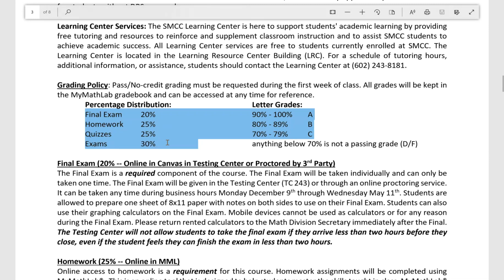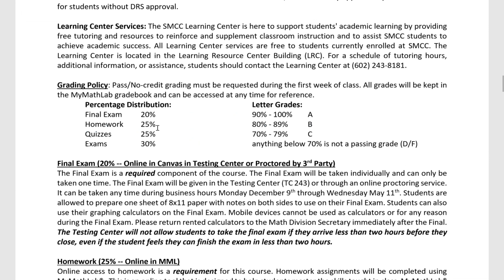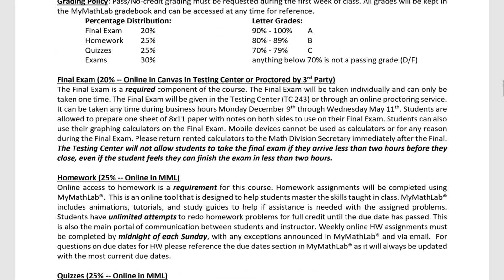Here's the grade breakdowns. That's usually a pretty important thing for students. Final exam is 20%, homework is 25%, quizzes are 25%, and exams are 30%. And the letter grades are as follows there on the right. The final exam is required. It's proctored. Some of the things are proctored, some of them are not. So it's clearly stated in the syllabus which ones are proctored and which ones aren't.